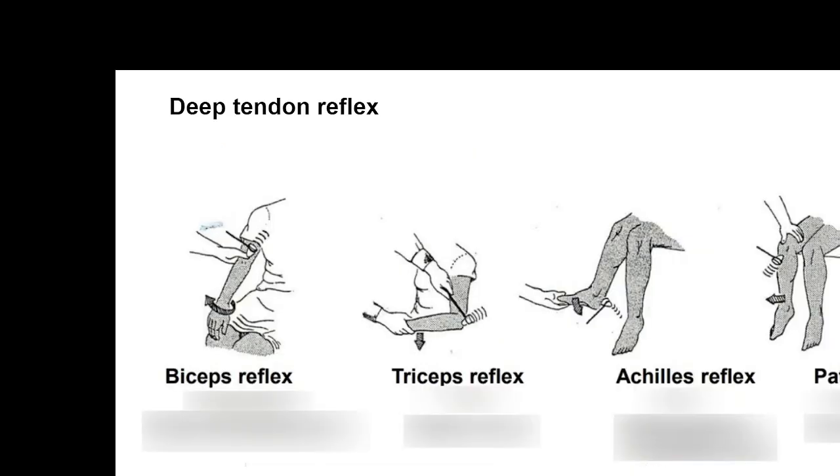Deep tendon reflexes are elicited when you hit the tendon with a tendon hammer. Any of the muscles could be examined, but the most frequently examined are the biceps reflex, where you hit on the biceps muscle and see whether the arm will contract or not. In a normal situation, there will be a smooth single contraction of the muscles.